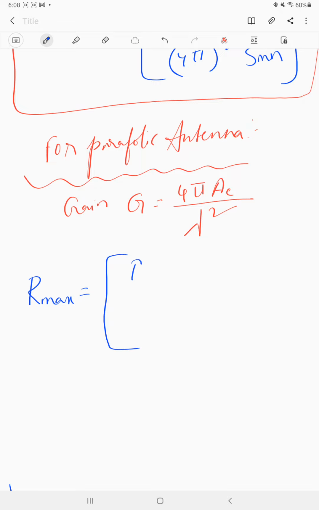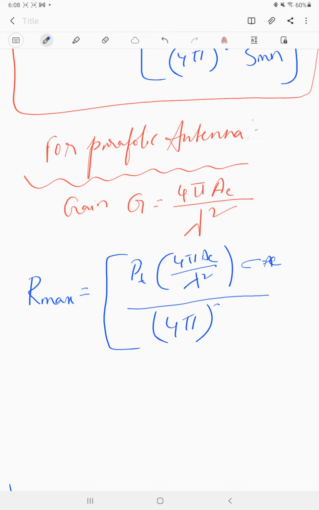Then the maximum range equation will be PT, with the gain replaced by 4 pi AE by lambda square, sigma AE by 4 pi whole square S minimum, whole power 1 by 4.